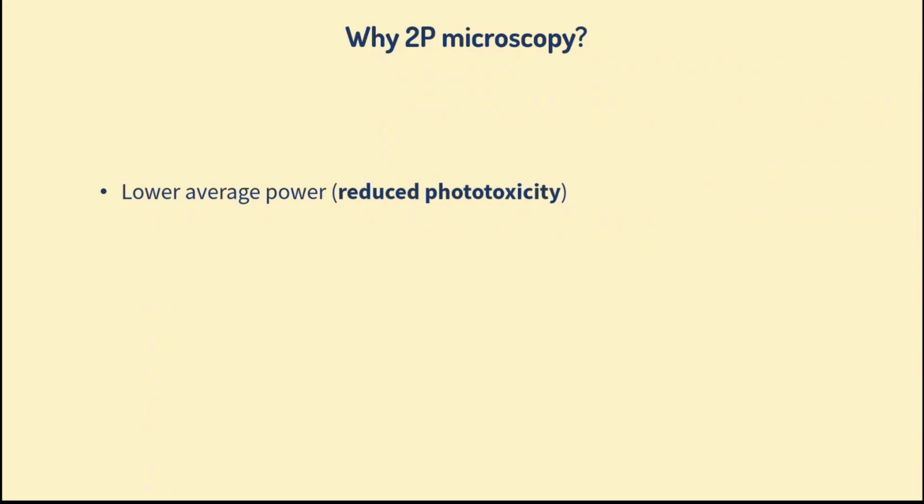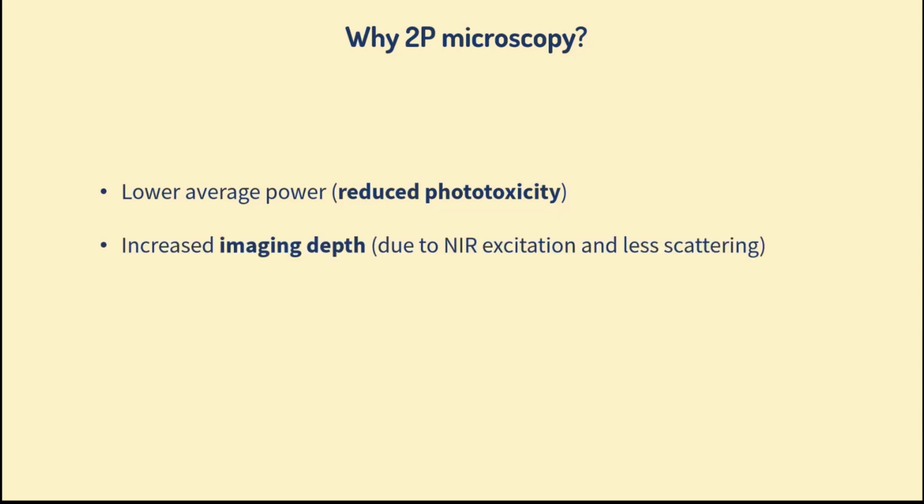And for calcium imaging, you will probably bleach your fluorophore, so you are forced to use two-photon microscopy. Another advantage is increased imaging depth: because of the near-infrared excitation you have less scattering at this wavelength, so you can go deeper.